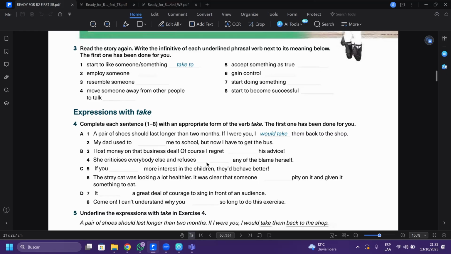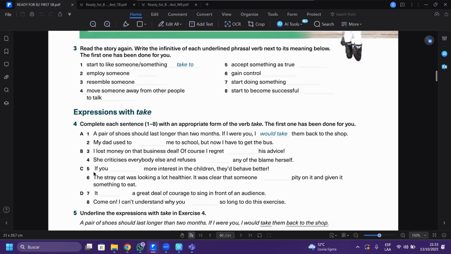We are talking about blame. La culpa, right? Of the blame. To take to? It could be take in, maybe, right? Taken to assimilate. Okay. She refuses to take in or taken in any of the blame.